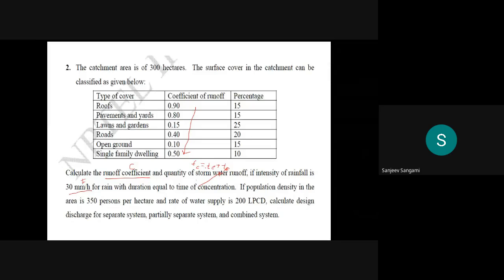That we already defined in the previous class, what is time of entry and what is time of flow.